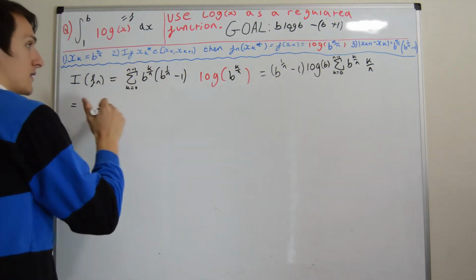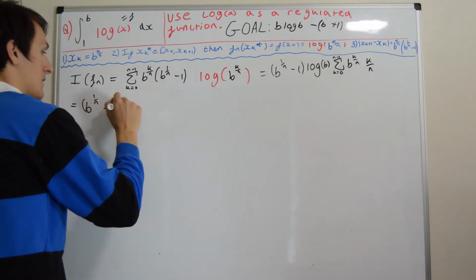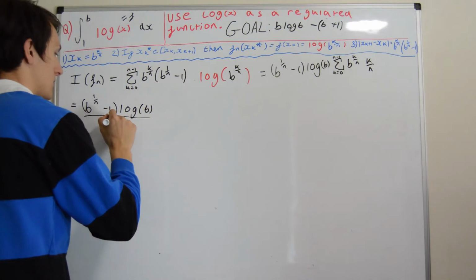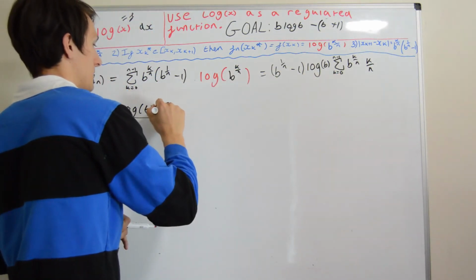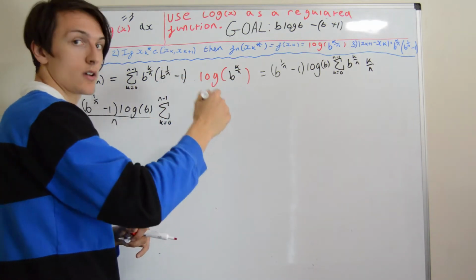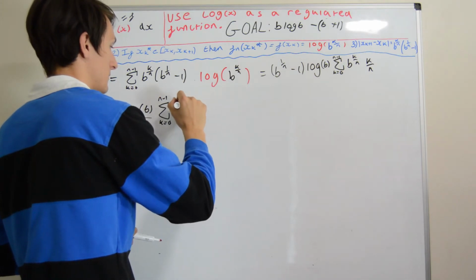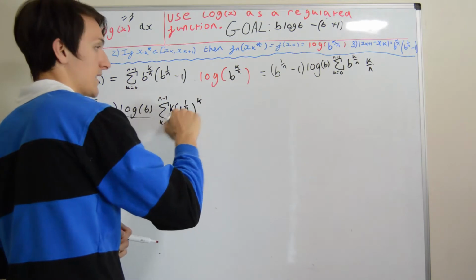So I have b to the 1 over n minus 1 times log b all over n, from bringing this factor of n out, and then I have the sum from k equals 0 to n minus 1 of the nth root of b to the power of k, times k.